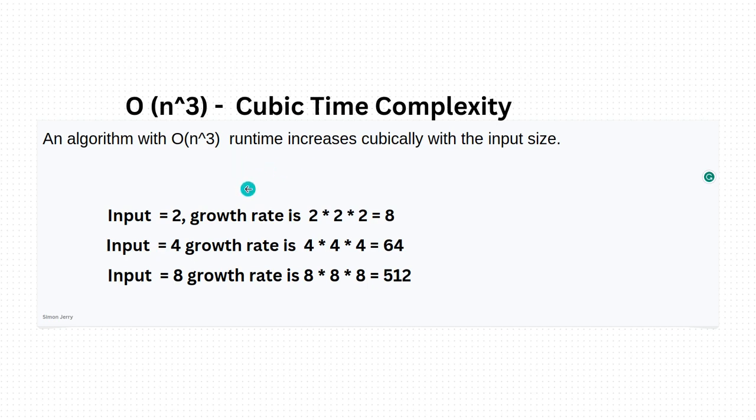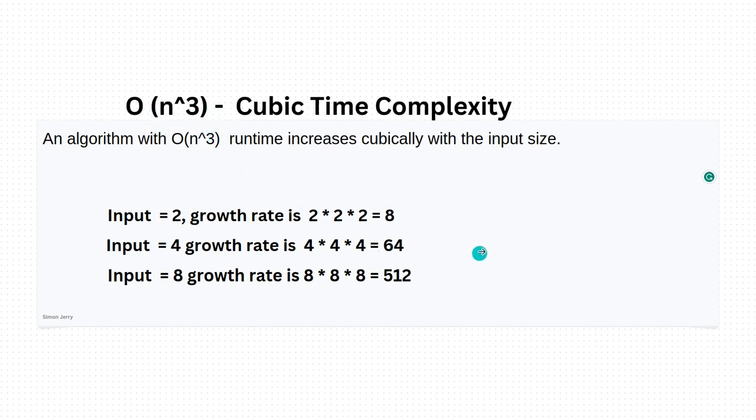So what is the growth rate of n raised to power 3, the cubic time complexity? If we have an input of 2, the growth rate will be 2 multiplied by 2 multiplied by 2, which gives a total growth rate of 8 for an input of 2. If we look at the input of 4, the growth rate will be 4 raised to power 3. That is why we have n raised to power 3.